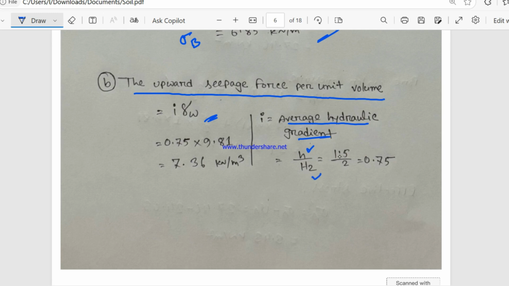Here small h is 1.5 and h2 is 2, so the average hydraulic gradient i will be 0.75, and the water unit weight gamma w is 9.81. So the upward seepage force per unit volume will be 7.36 kilonewton per meter cube.